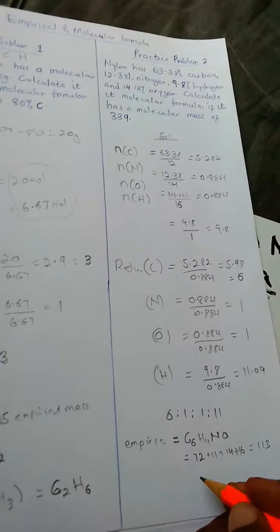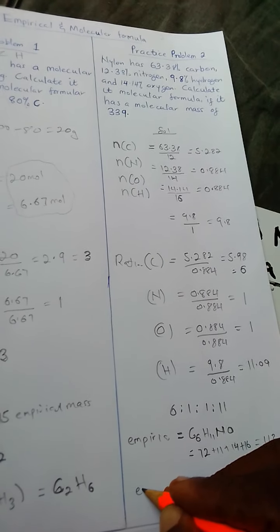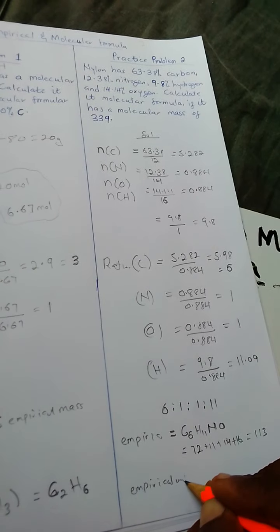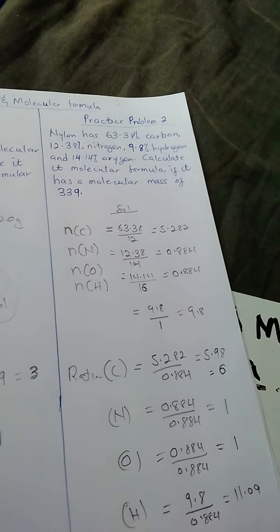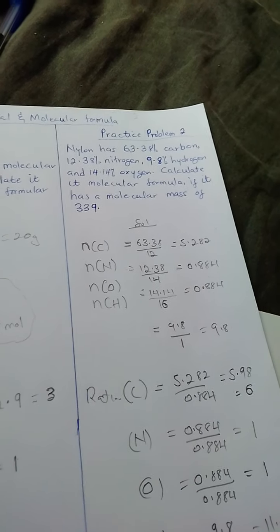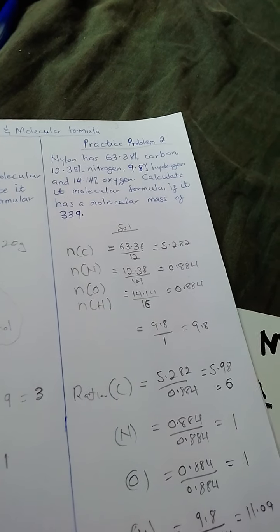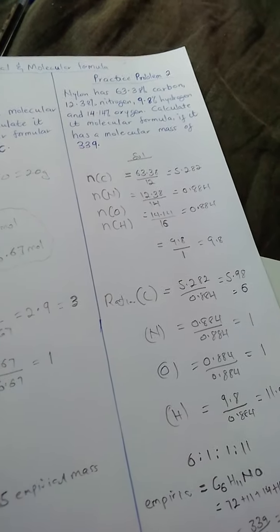The empirical unit that must multiply this is given by the molecular mass in the question, which is 339, over the empirical mass, which is 113. This gives you 3.